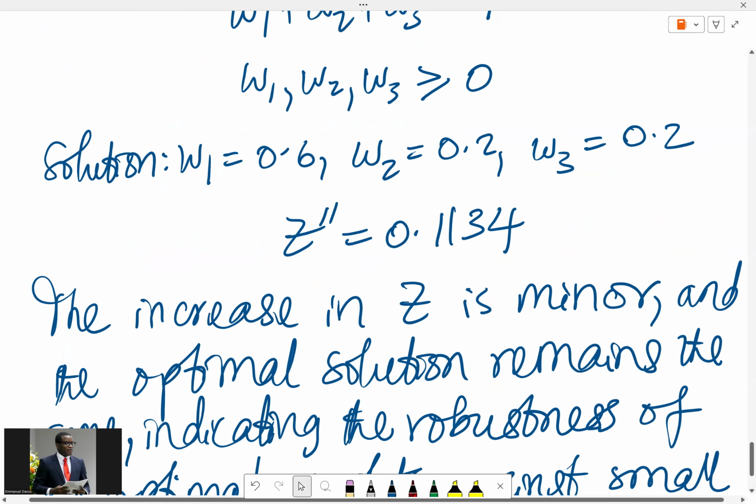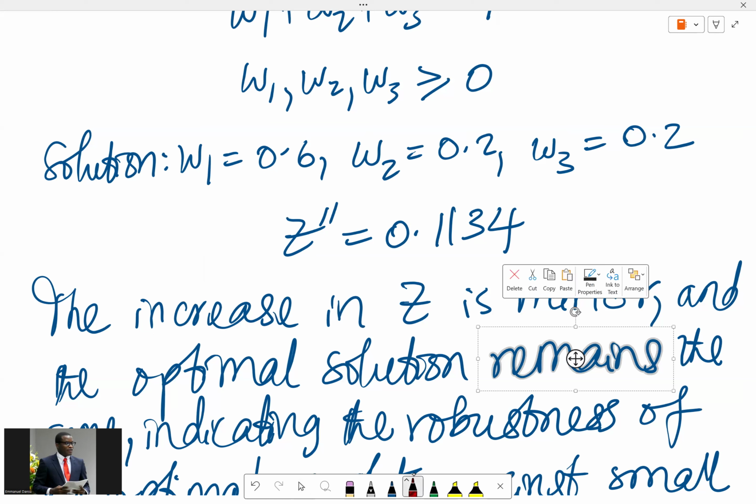It still tells you that you should invest 60% in the first asset, 20% in the second asset, and 20% in the third asset. But you now have a slightly improved objective function, which is now 11.34% instead of the 10.8% you got initially.